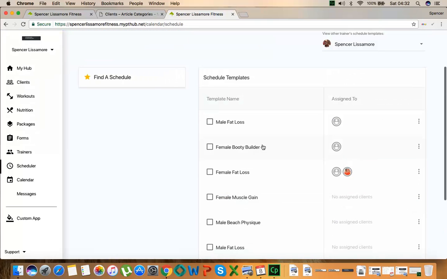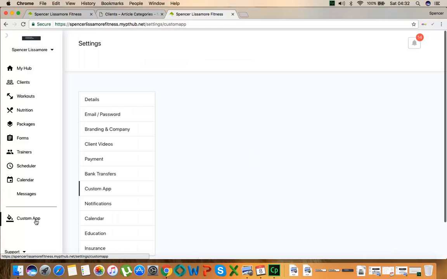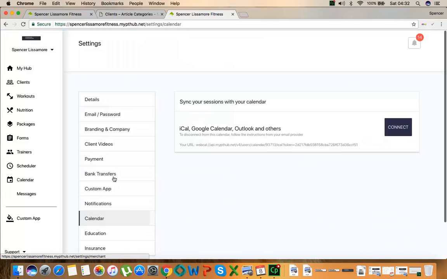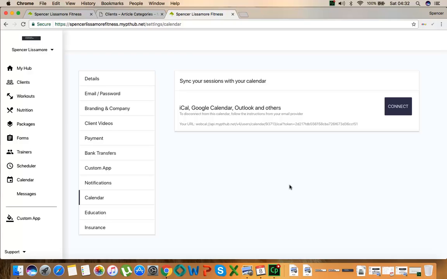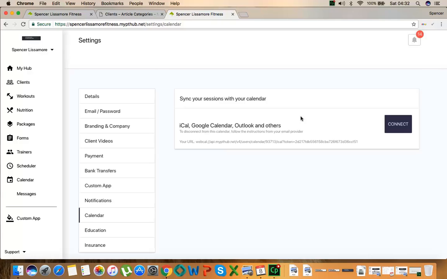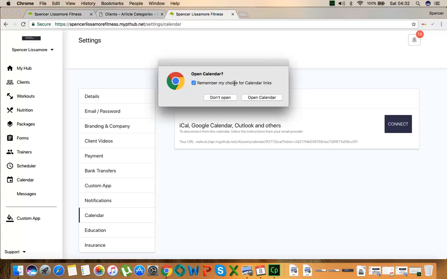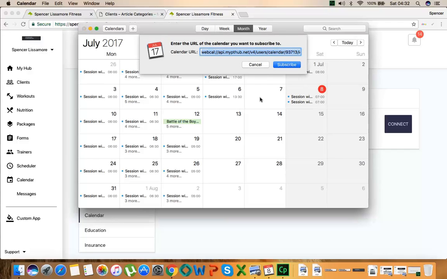We have the schedules and who's allocated to those schedules, and I'm just going to real quickly show you the calendar. So go into settings and then calendar. We can then sync sessions, workout, nutrition, all of that to the iCal, your Google Calendar, your Outlook calendar, and we simply press connect, and there we go.